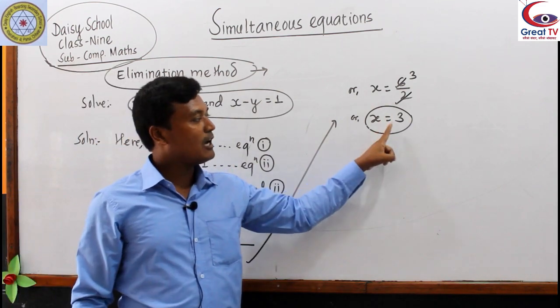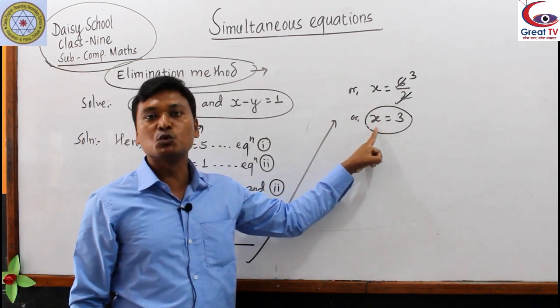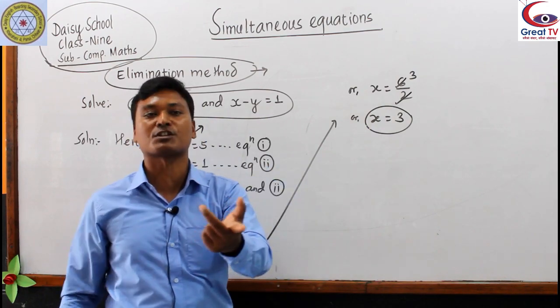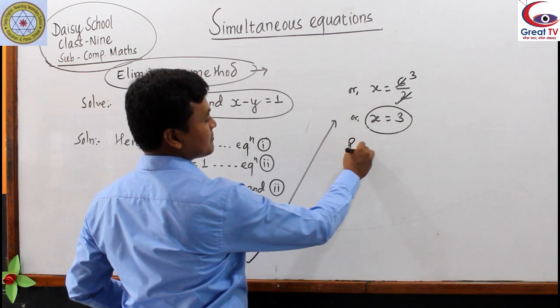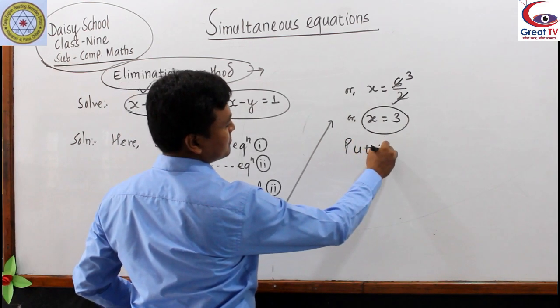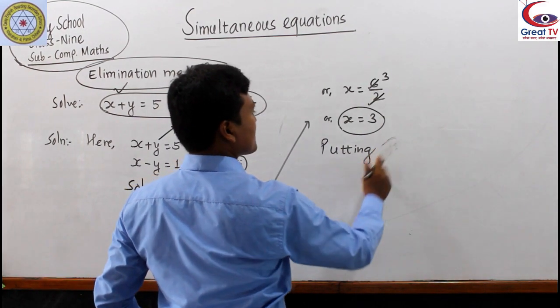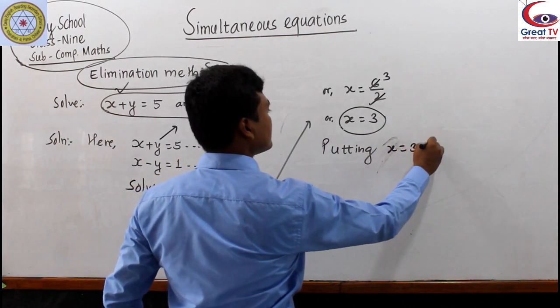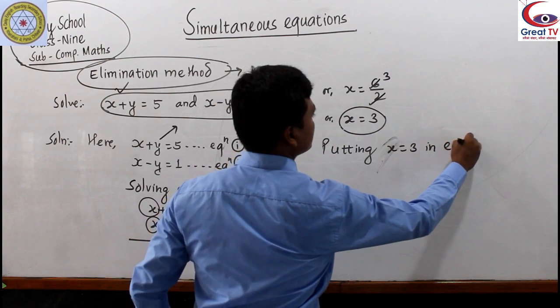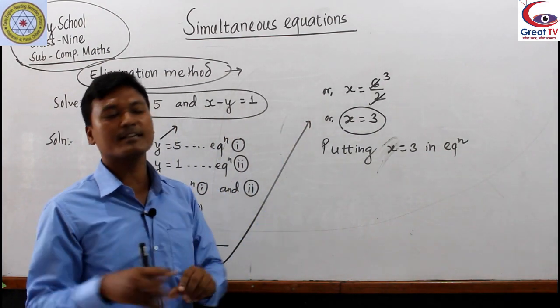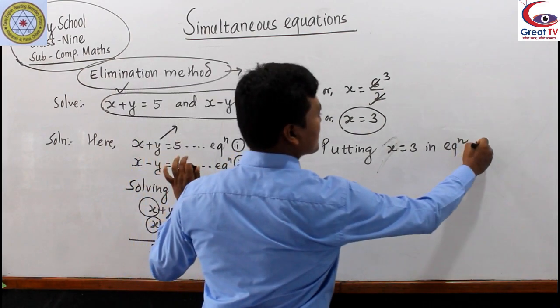I repeat, after getting the value of one variable, to get the value of another variable, you can put in any one equation. So putting x is equals to 3 in equation. My dear students, you can put in equation first also, in equation second also. So let me put in equation first.